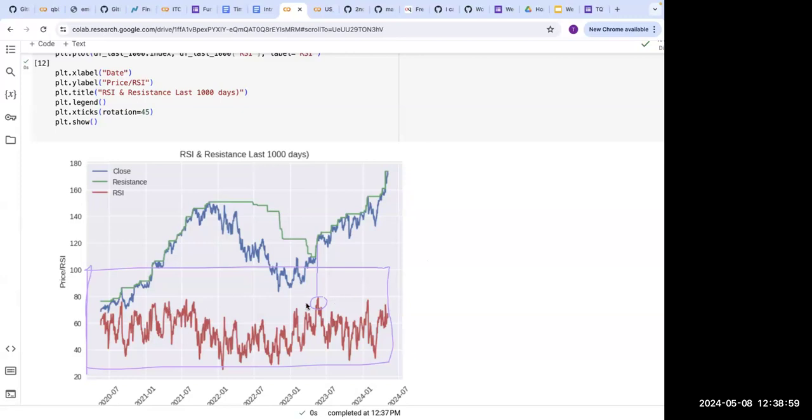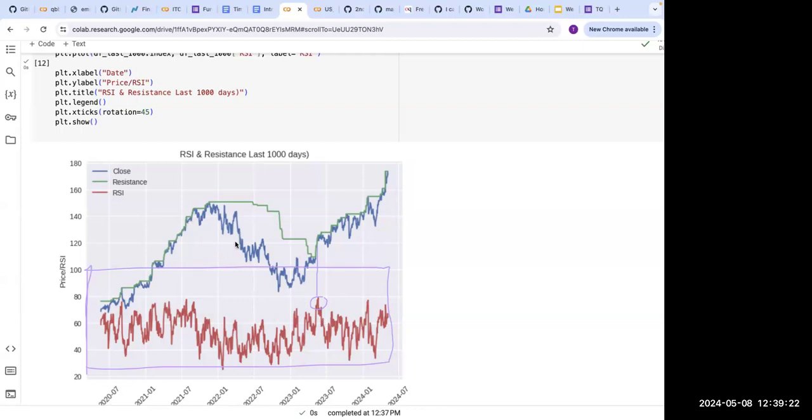So that was a good verification of what we were thinking. It's crossing the resistance, and it has a high RSI. So people are overbuying also, but it's still crossing the resistance. Probably it's a bullish market, and it did increase after that as well. So those are things that you can see here.